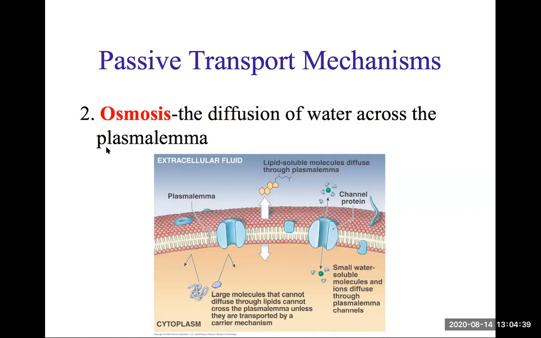I want you to understand though, that if the water concentration is higher outside of a cell, the water will diffuse through osmosis into the cell. And the same will happen if the water concentration inside the cell is greater than outside, then the water will leave, passing through the plasma lemma by osmosis.